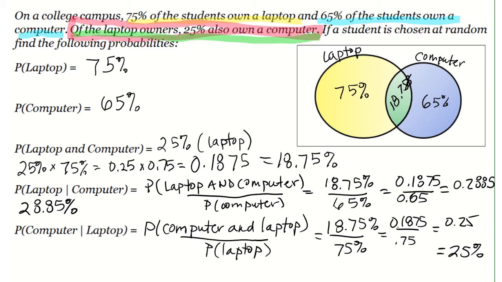So that is another way of saying that given that we have a laptop, there's a 25% probability that they're going to have a computer. So in this problem, instead of giving us the intersection, they gave us the conditional probability of having a computer given that you already had a laptop.